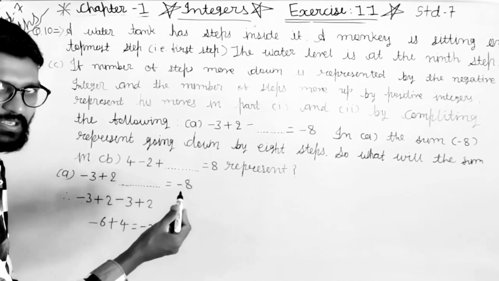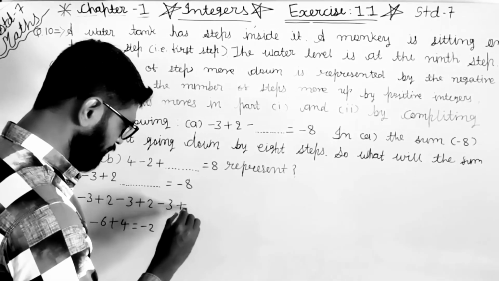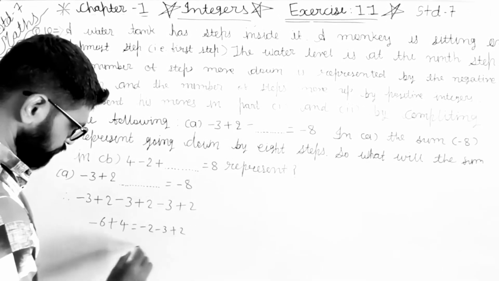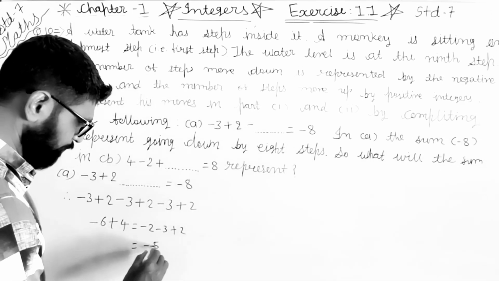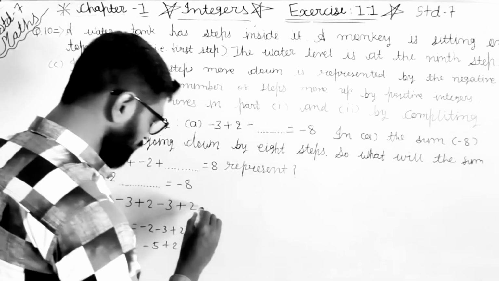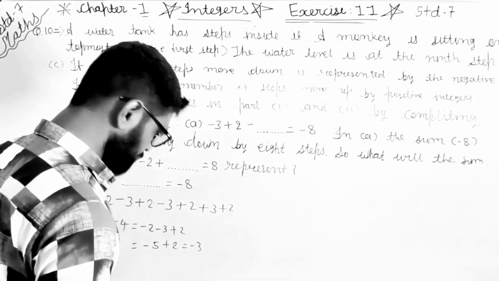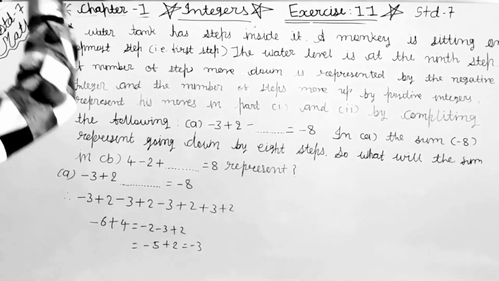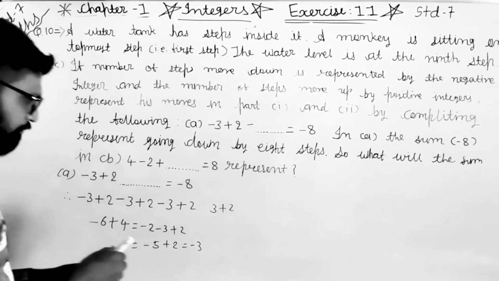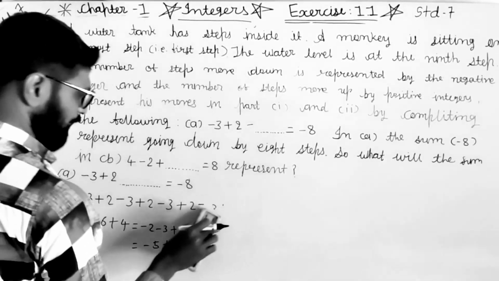So it is not minus 8, then go ahead again: minus 3 plus 2. Here minus 5 plus 2 is equal to minus 3. Then again go ahead, minus 3 plus 2.